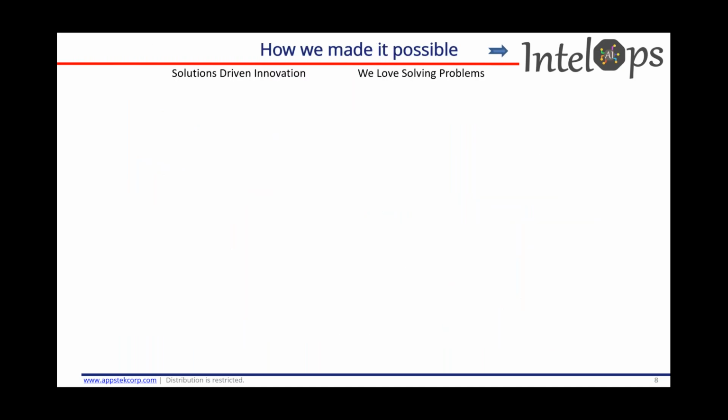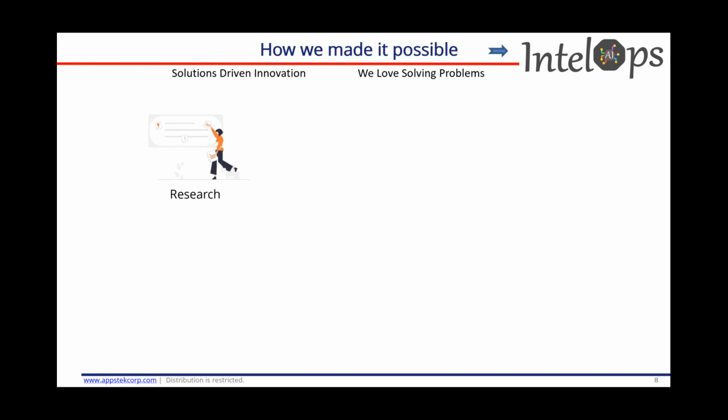So how did we make it possible, right? We are a team who loves to solve problems, and that's what we have been doing for over 15 years in the app stack. And all the innovative solutions which we are building are solution driven. Okay, so the approach we took to make this possible is, we have a dedicated R&D team who continuously do research on how to solve complex problems in a new way, and what are the new trends that are coming into the market, or what are the new trends other industries are adopting.